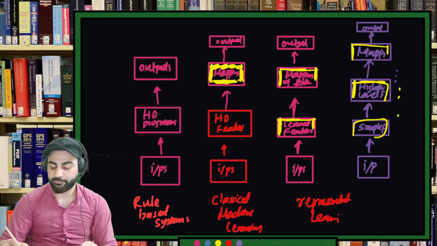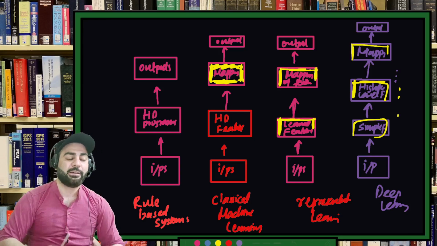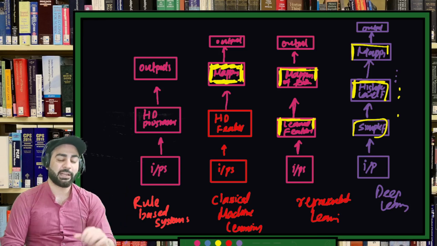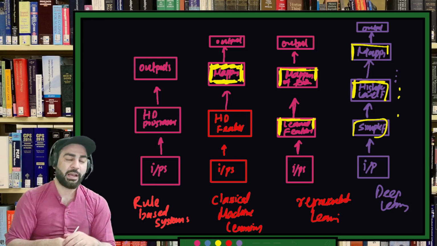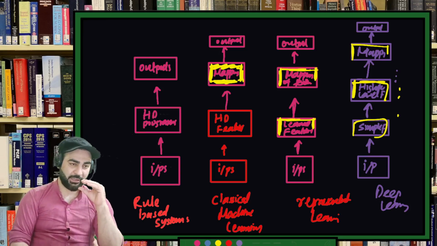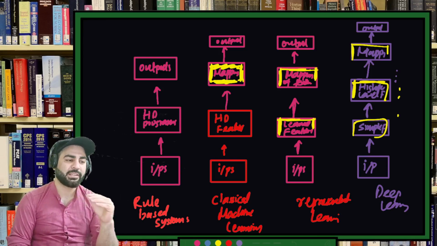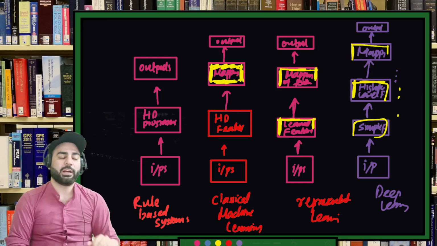Deep learning is also representational learning, but in representational learning we generally just learn the features and are done. In deep learning, we have different layers of representation. Initially we have low level representation, then higher level representation through additional layers, and we keep adding these representations, and at the end we learn the mappings.